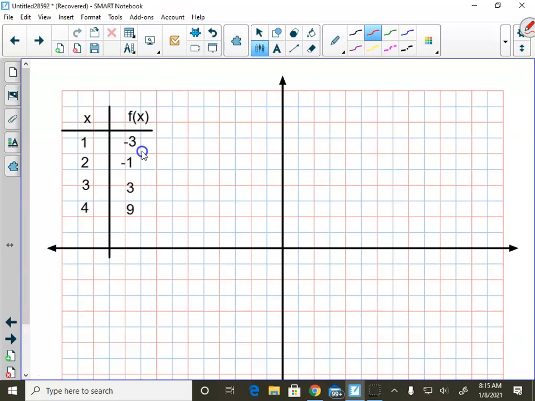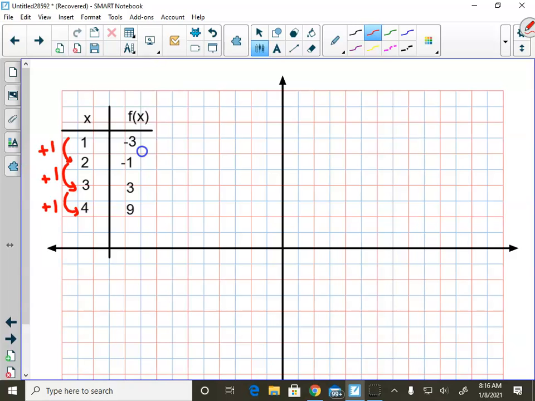What I mean by that is if we look at our values of x, we can see that this is an increase of 1, this would be an increase of 1, this would be an increase of 1. Now, in order for this to be a linear function, when I do the same thing for the f of x, or the y values, I have to get the same change all the time. It doesn't have to be a change of 1, but it has to be the same.